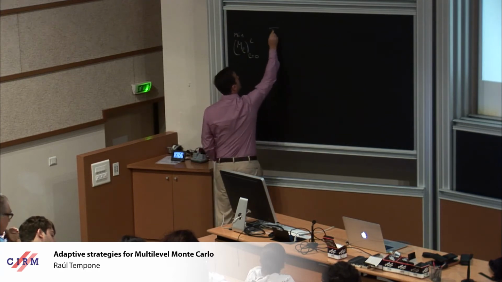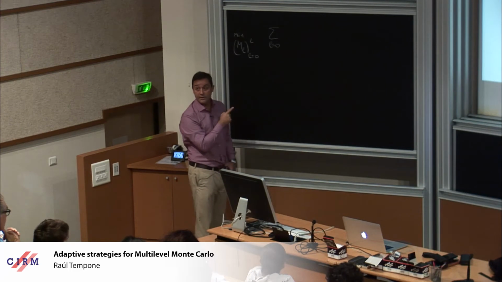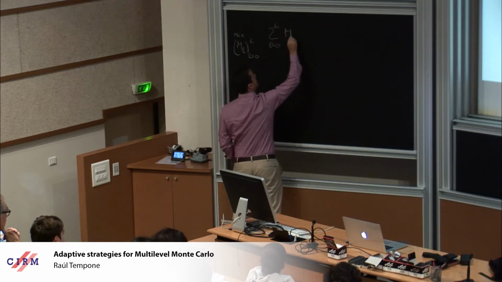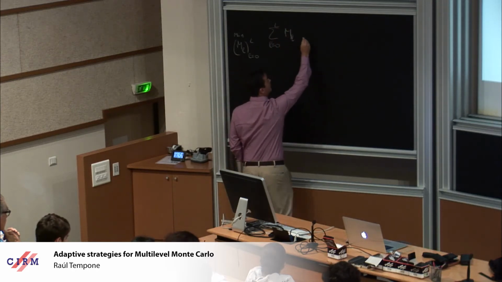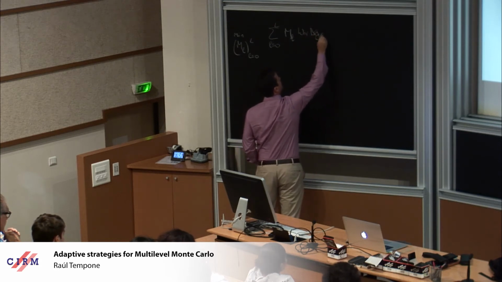And this is the sum from L equals 0 to capital L of M_L times the work of delta G_L.